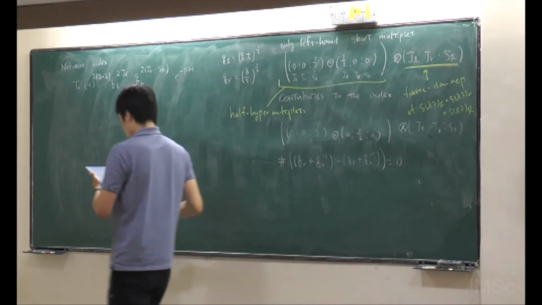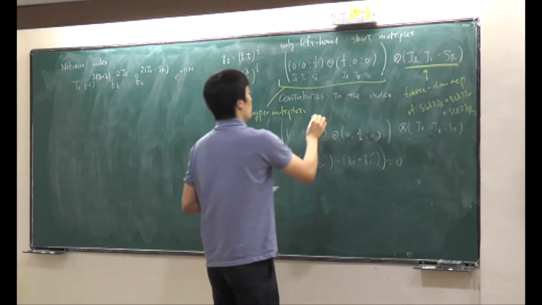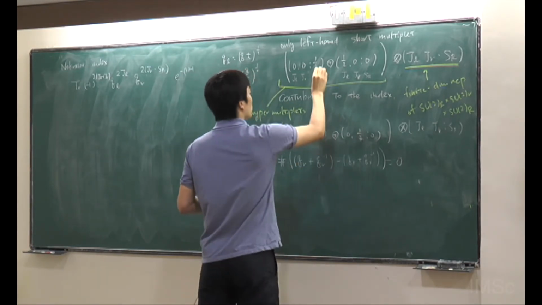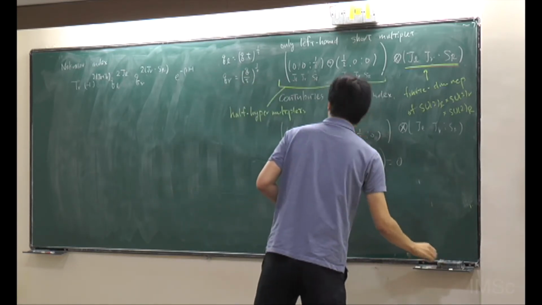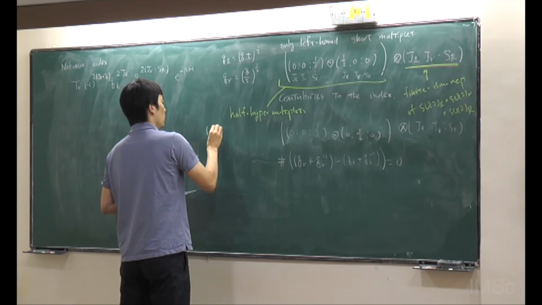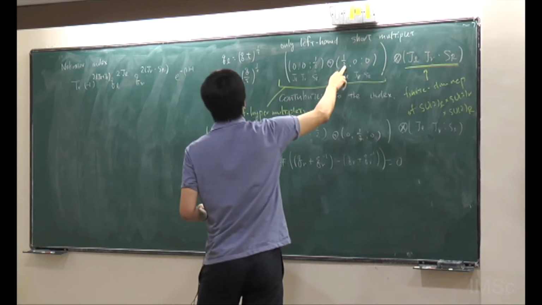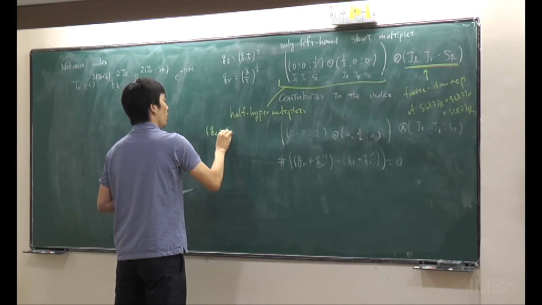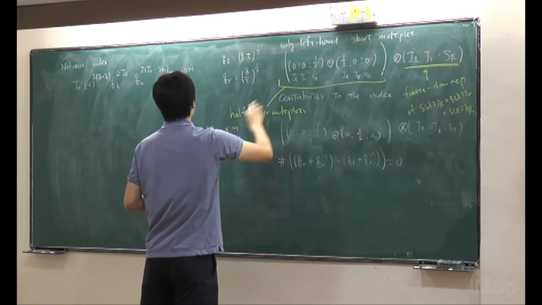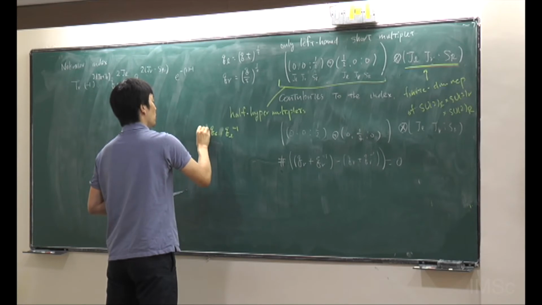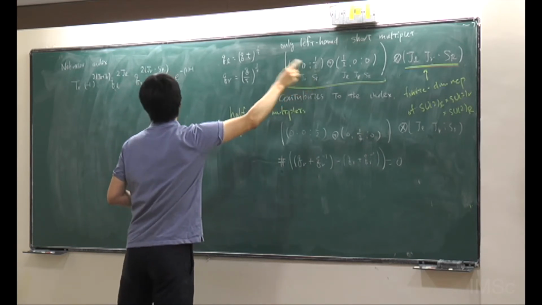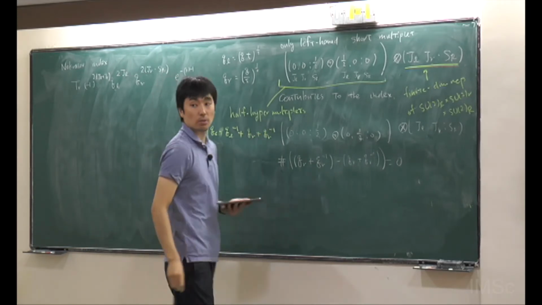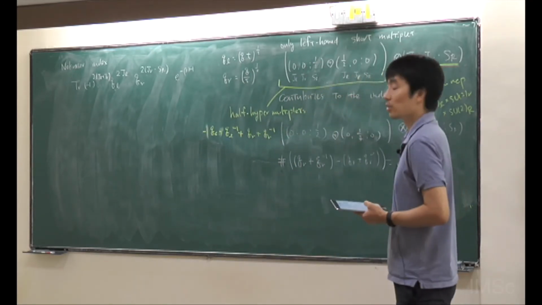How do they contribute? As you can easily see, this hypermultiplet will contribute to the index. This is a good exercise. The JL contributes to the QL, so QL plus QL inverse, and you have to multiply by -1 actually. This part contributes to here, so QR plus QR inverse. Can you see that?